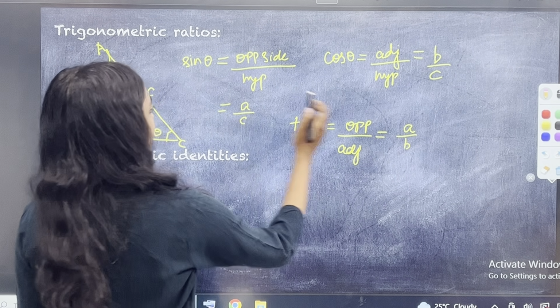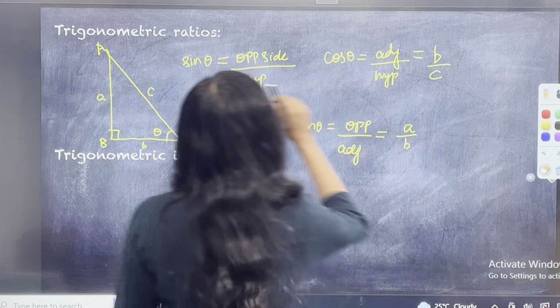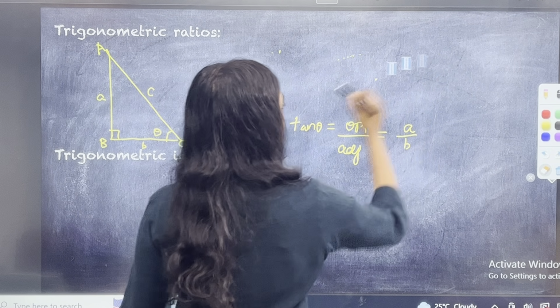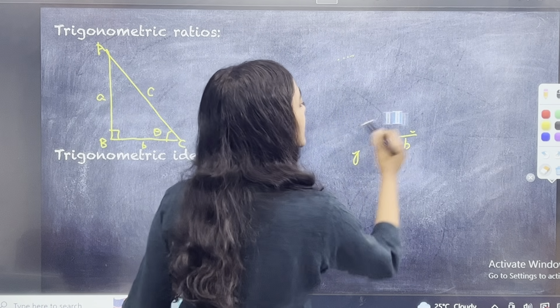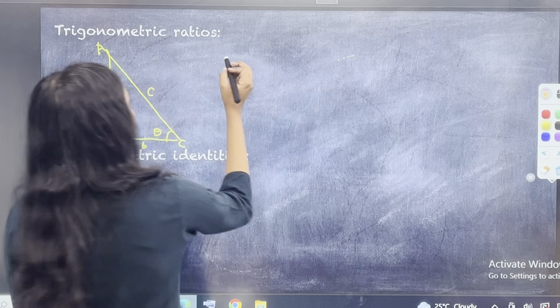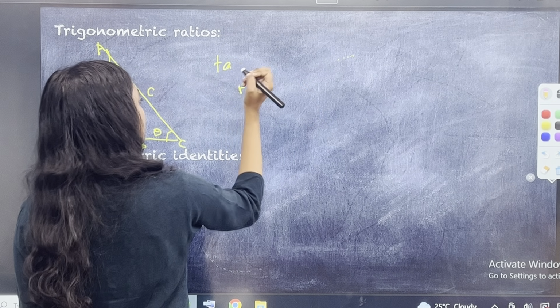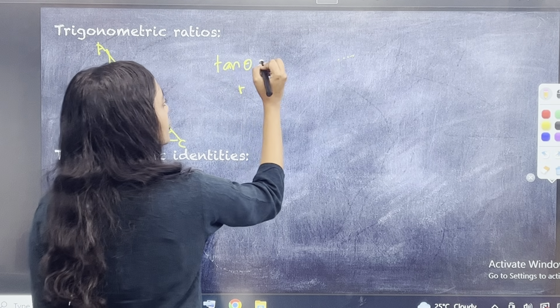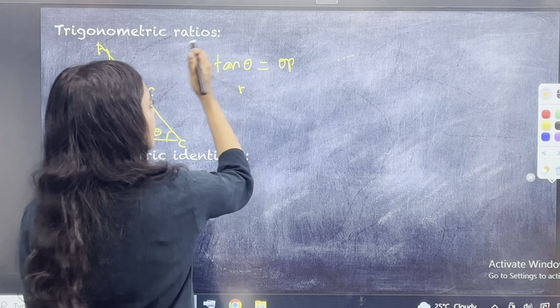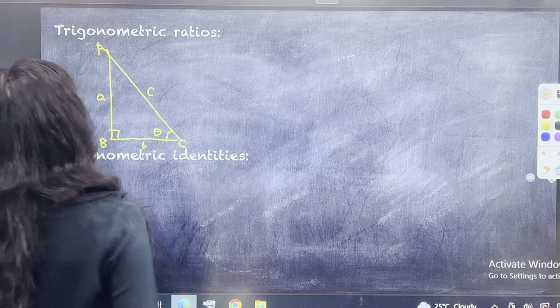Now you have all this here. Now let me just erase this. And now we'll be looking at three other trigonometric ratios which I just spoke to you about. Let us write it one by one.